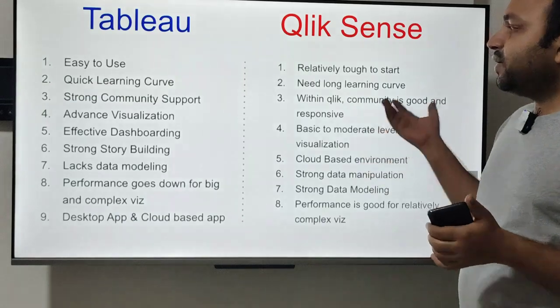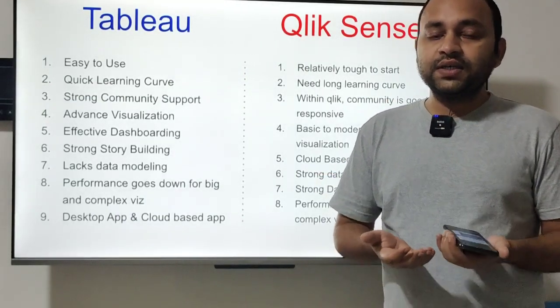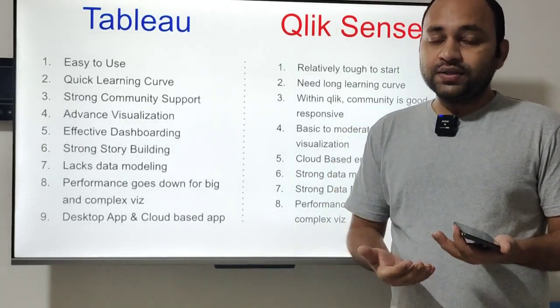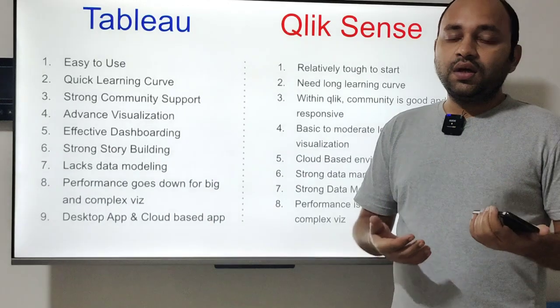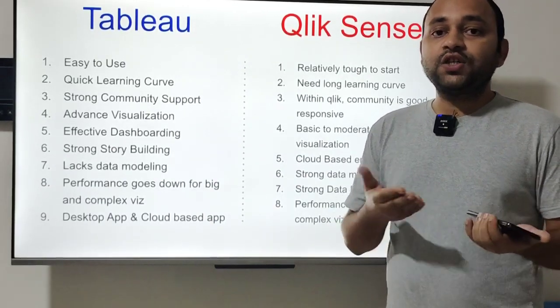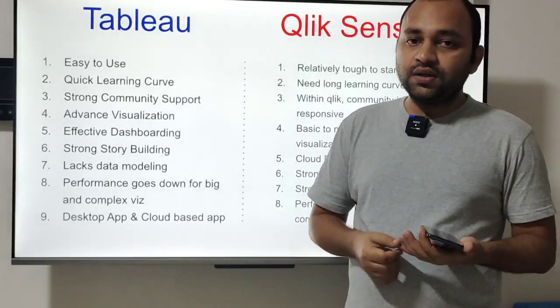In Qlik Sense you also have some third party visualization capabilities through which you can develop more advanced visualization. But most of the time that depends on additional payment or additional money that you need to spend, and also data security and other things like those.